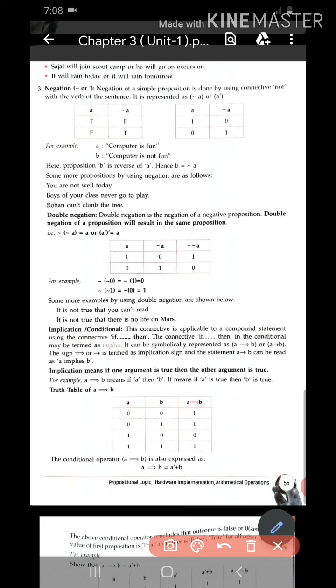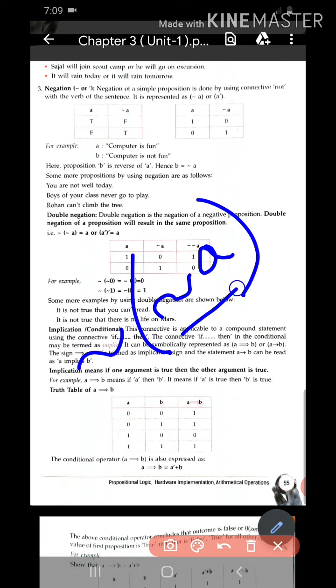And now see, if something is written in this form, you have to write a sentential format for this. Then what do you have to write? You know this one, "computer is not fun". This indicates computer is not fun. But if you have to write a sentential form for this, what are you going to write?